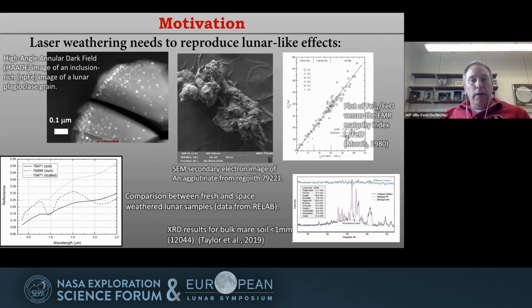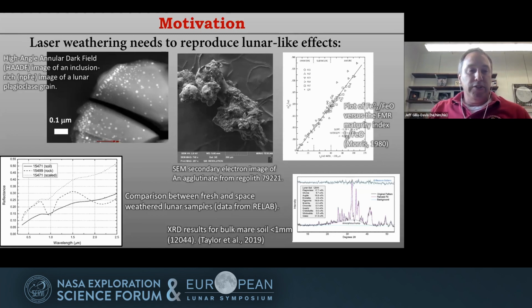All right, so in the sense of lunar space weathering, we have a number of different parameters to try and recreate with laser space weathering, and I've outlined 5 of them here. The first is rims that occur on minerals, and those rims, in this case an inclusion-rich rim, often have nanophase iron in them.